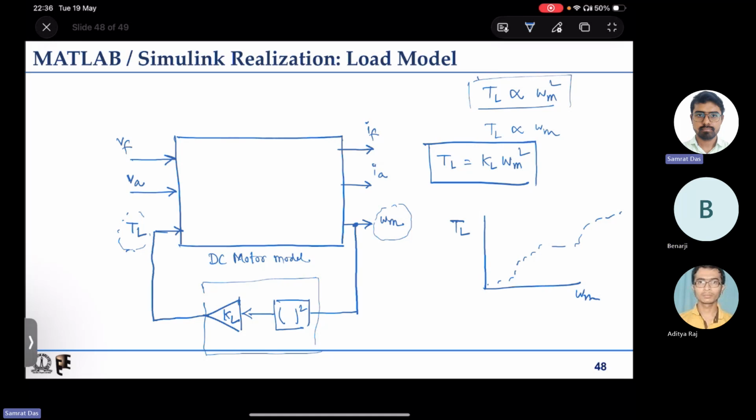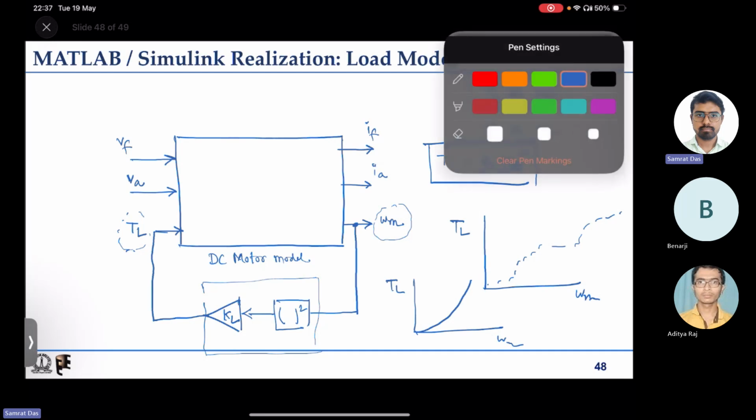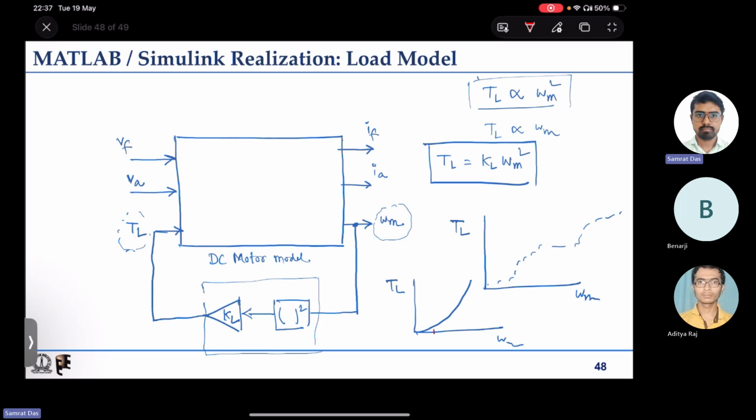Yes, that is what it means. Suppose the load torque characteristic is something like this: TL proportional to omega m square. So it means that if you want to run some fan type of load at this speed, say omega 1, this is the torque it will require, say TL1 for omega 1.